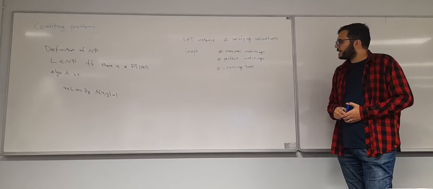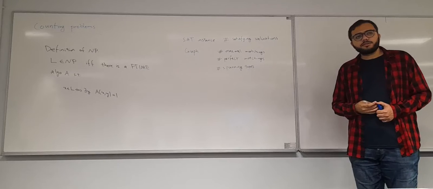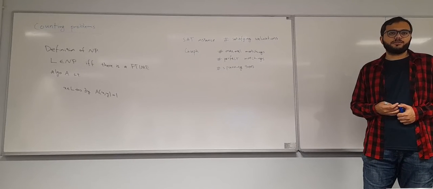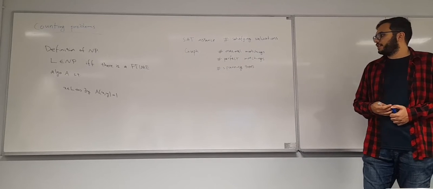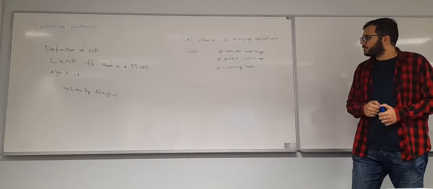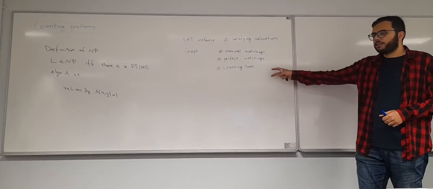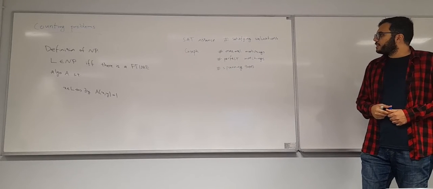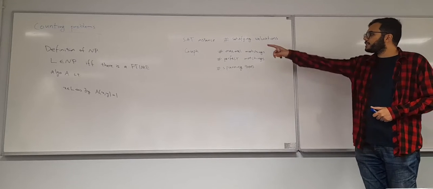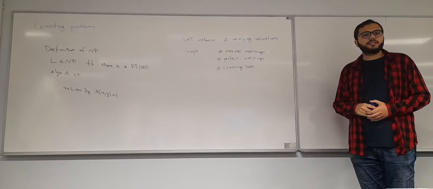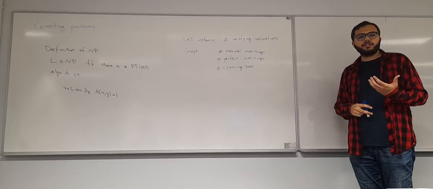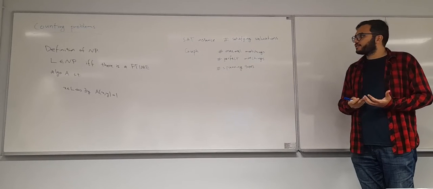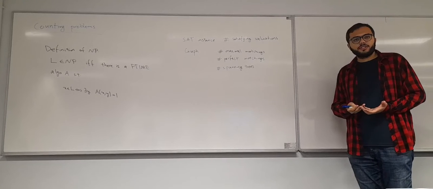So for example, if I give you a graph and I ask you what is the number of spanning trees, there is actually a polynomial time algorithm for that. Again, if we have time, I will go into it. Otherwise, I will just give you some link to this. But here's the thing. If I give you a SAT instance and I ask you what is the number of satisfying valuations, that's at least as hard as solving the SAT instance itself, right?